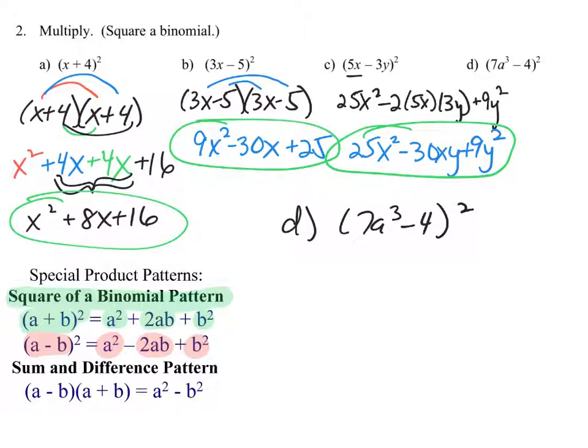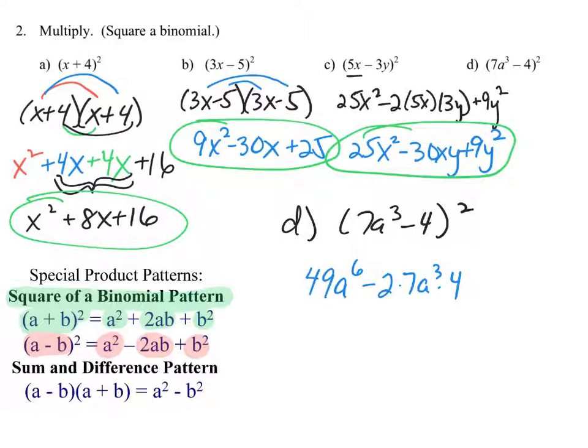Let's look at example D. We have the quantity 7a to the third minus 4, all raised to the second power. Using this shortcut, we can square the first term. 7a to the third times 7a to the third is 49a to the sixth power. Twice the product: 7a to the third times negative 4, so it's going to be minus 2 times 7a to the third times 4.